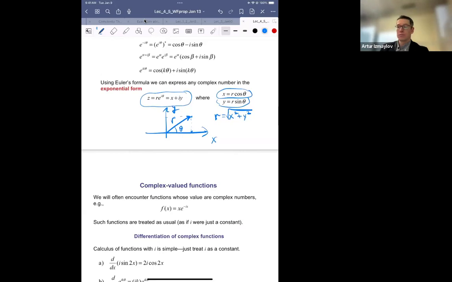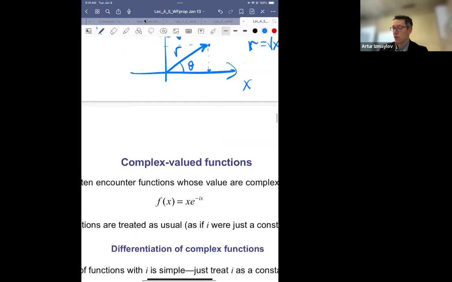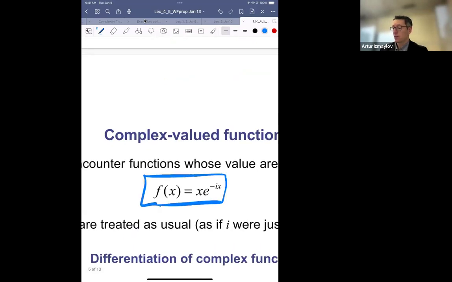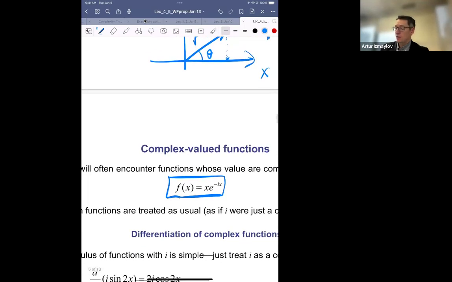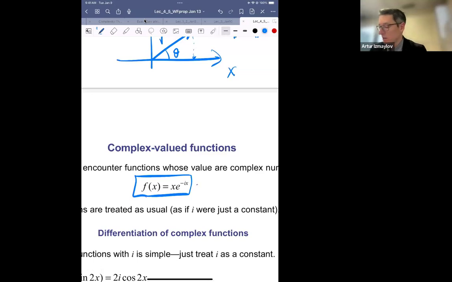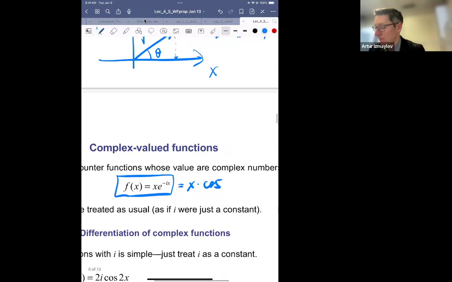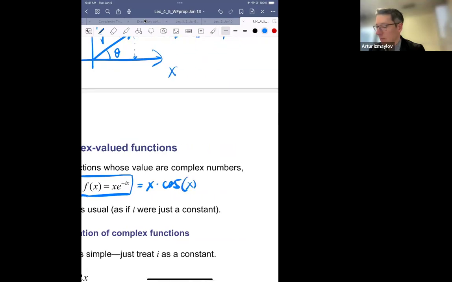Okay, so now complex valued functions. We will often encounter functions whose values are complex numbers. Here's one example. The function is like this, and it can be written as x times cosine of x minus x times sine of x with i, right?